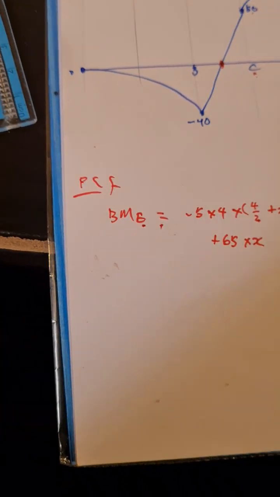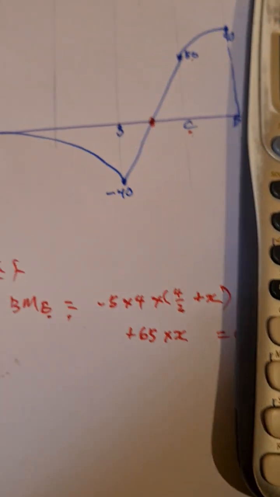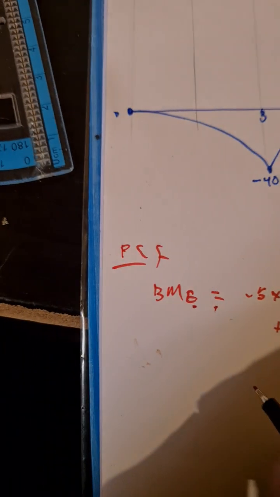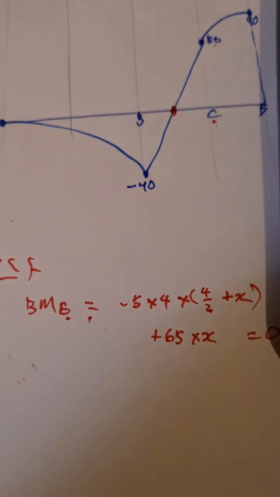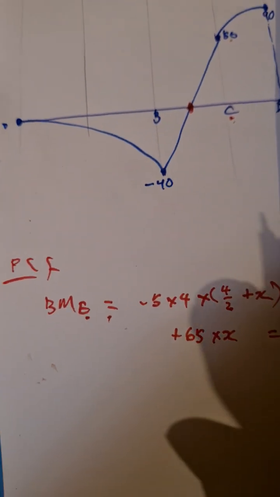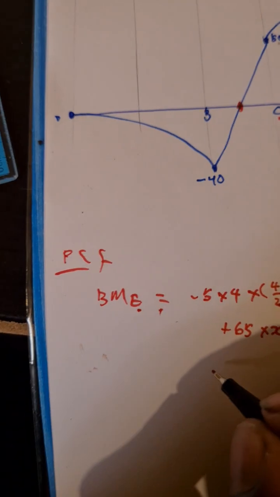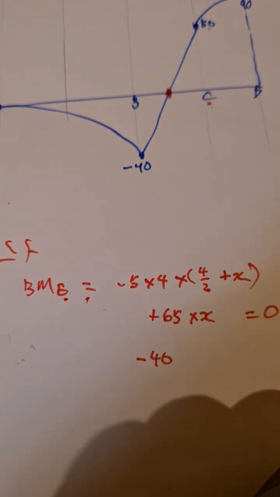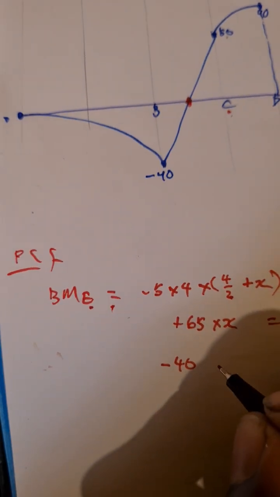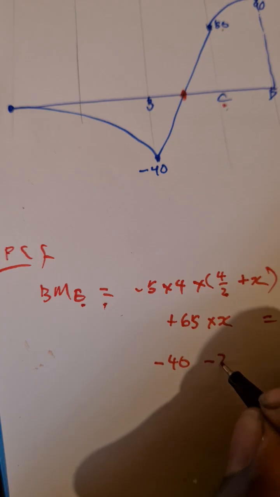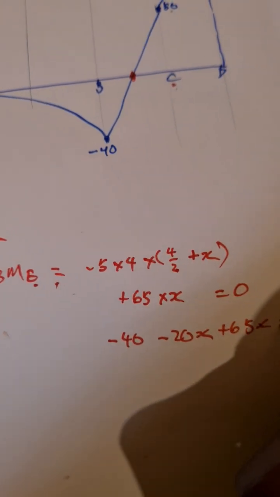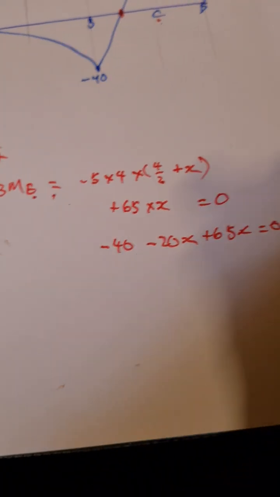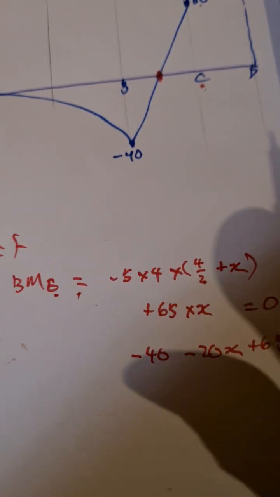Then we solve for X. So it's gonna be, let's solve for X now. Minus, let's multiply in. So it's gonna be minus 20 times 2. So it's gonna be minus 40 minus 20x plus 65x is equal to 0. 65 minus 20.